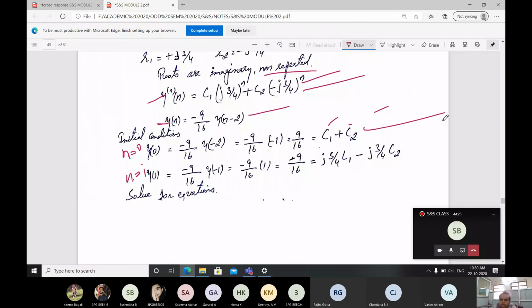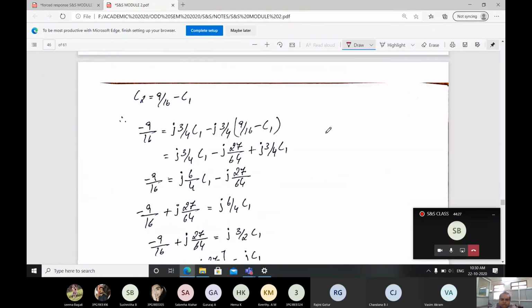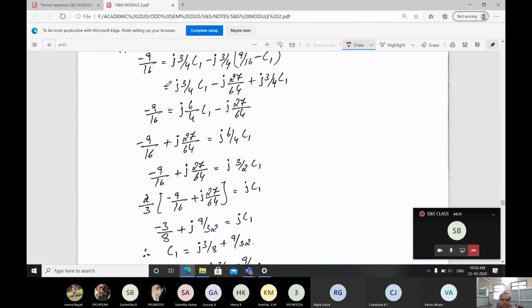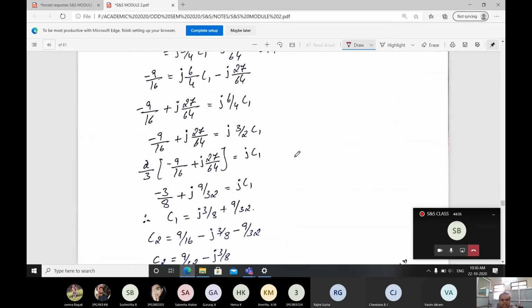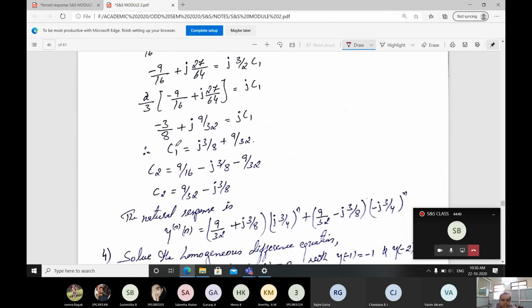Then you have to solve these two equations. Here I solved in a manual fashion, substituting for each parameter, or else use your calculator and you will get the result. You will be getting c1 as j into 3 by 8 plus 9 by 32 and c2 as 9 divided by 32 minus j into 3 by 8.